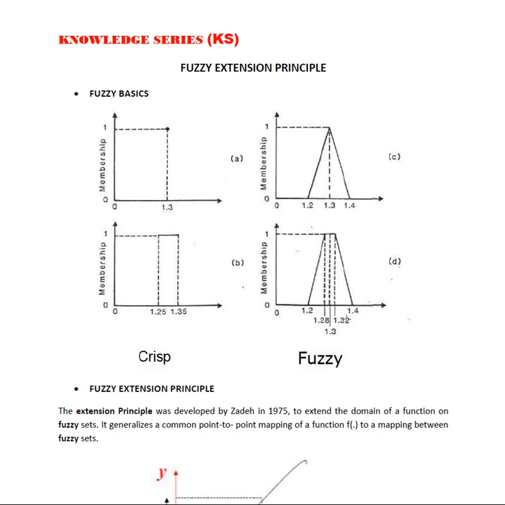The same thing you can see in these two figures, when we take 1.25 to 1.35, here 1.28 to 1.38, you have a range of values. So we get an idea about this fuzzy number, giving a certain relationship between the crisp and the fuzzy.